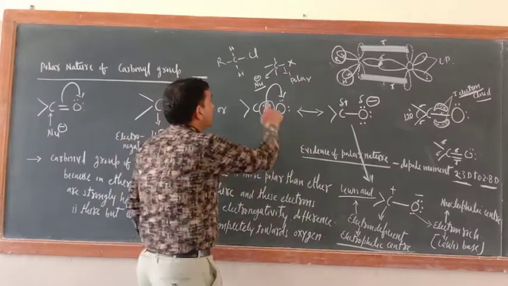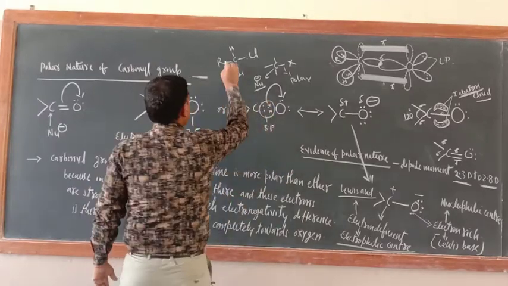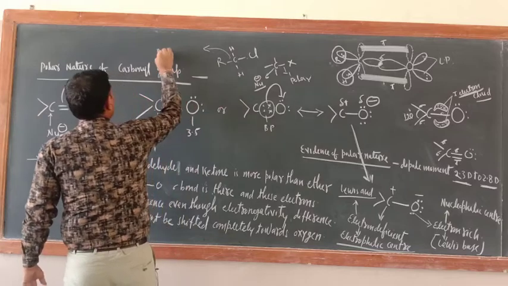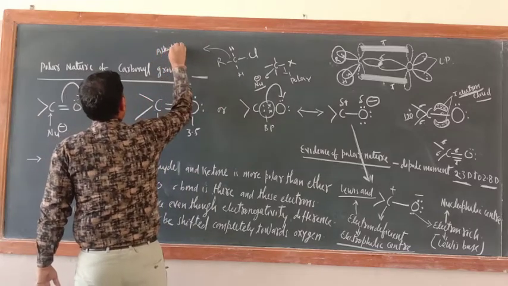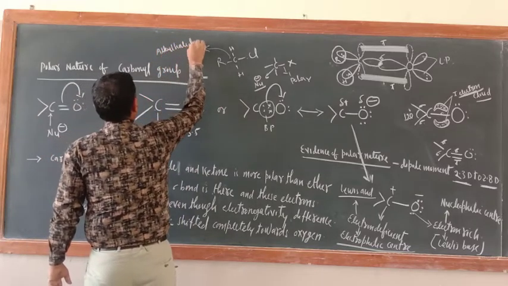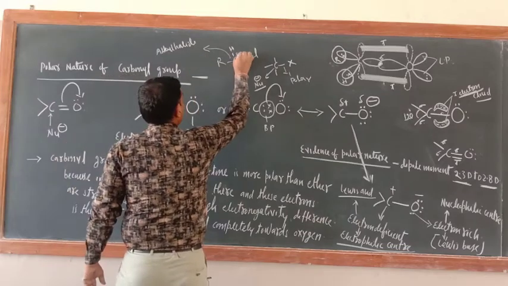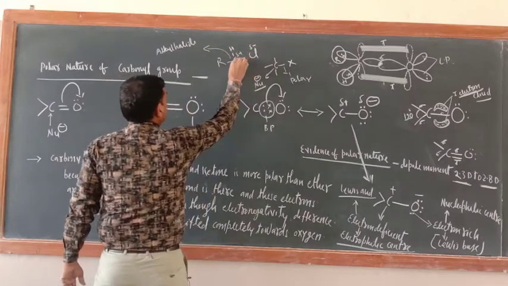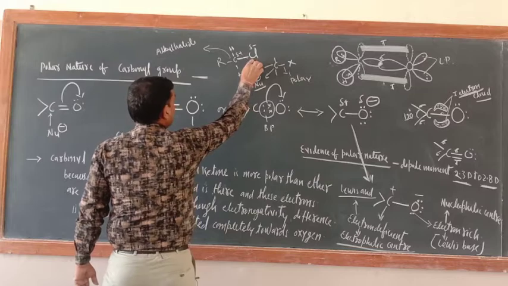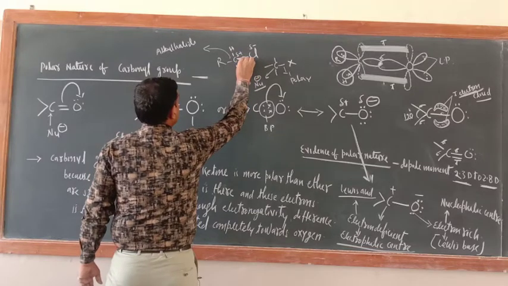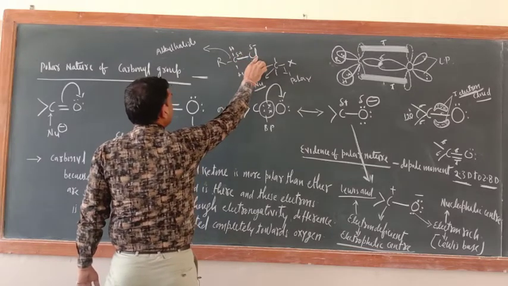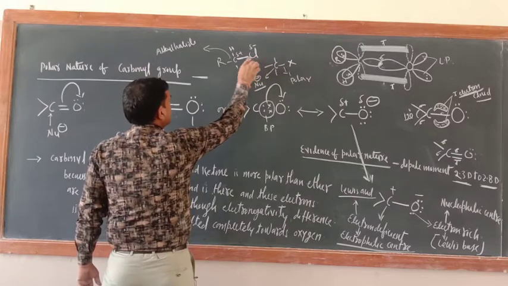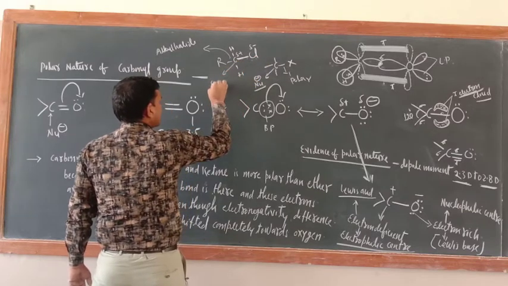That is why, in case of alkyl halide, this carbon is slightly positive and this is slightly negative, because the halogen is more electronegative than carbon, so the bond pair electrons shifted towards the chlorine or halogen atom. So this is an electron deficient center.